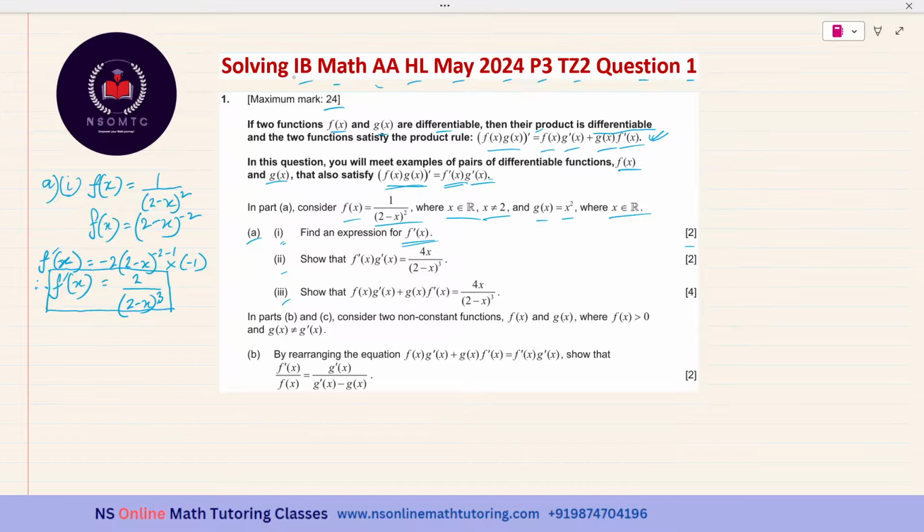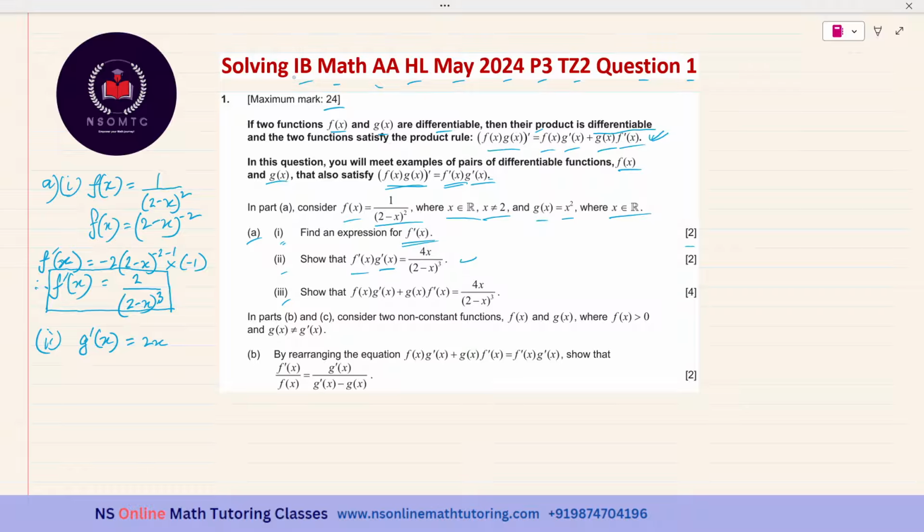And then you have to show that the product of the first derivative of f of x and the first derivative of g of x equals 4x over 2 minus x whole cubed. Okay, fine. So, first of all, we have to get the first derivative of g of x, because we know the first derivative of f of x. So, g dash x is equal to 2x, because g of x equal to x square.